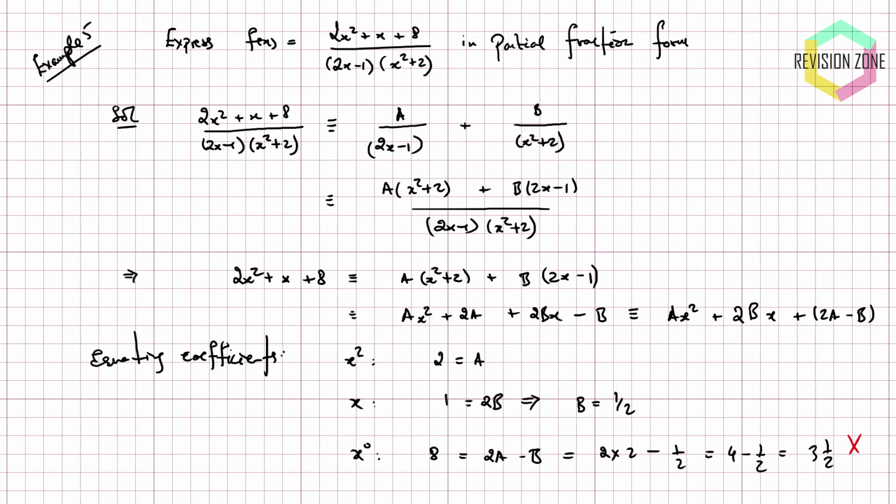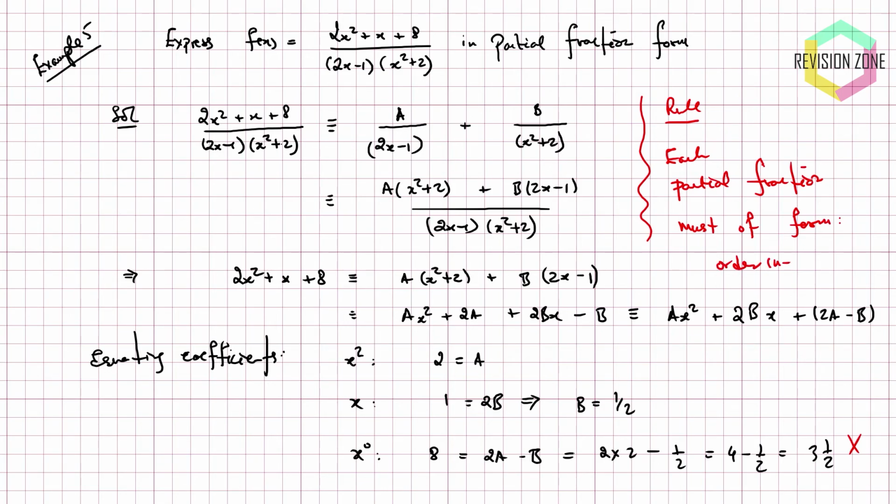And how can we guarantee that the thing that we write down is actually general enough? So there's a basic rule, and the rule is each partial fraction must be of the form, and here's the form. It has to be of order n minus 1 over order n.